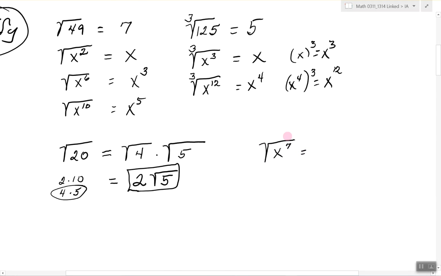Well, remember up here, we said we divided that invisible 2 into 6 and got x to the 3rd. Or divided that invisible 2 into 10 and got 5. Well, this invisible 2 does not go into 7 evenly. So I do something similar that I did over here. I have to factor it, but it is so easy to factor variables with powers.